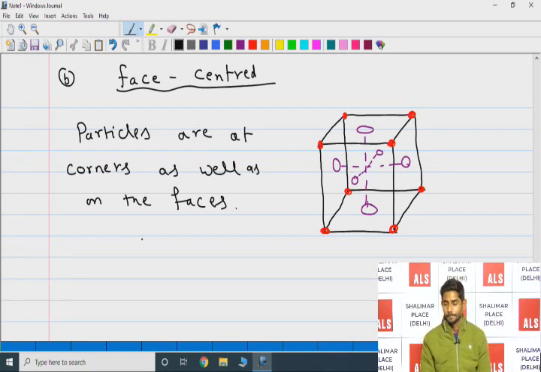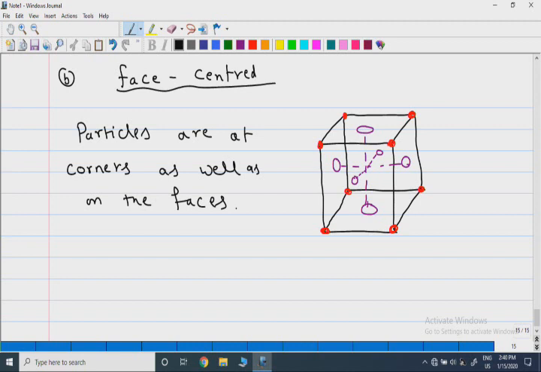Please copy. And yes guys, please keep some space as well. I'm repeating, we need to write the effective number of atoms as well. Confirm once after copying that.